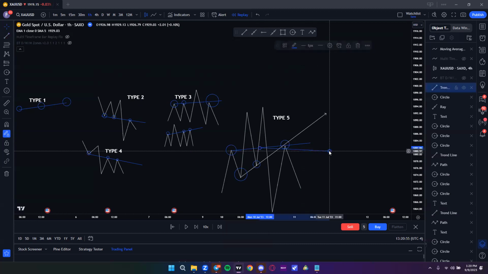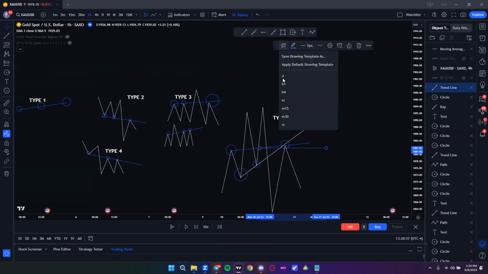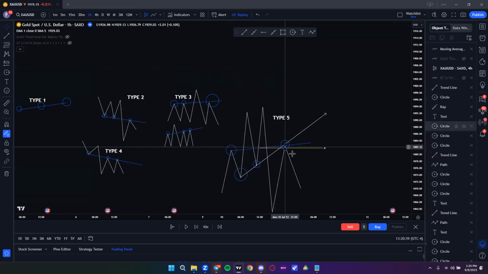Let me get that straight. And your price is converging into your trend line. It's rejecting your key level. You have multiple trend lines, and then you can take the shot and take the entry and go down.